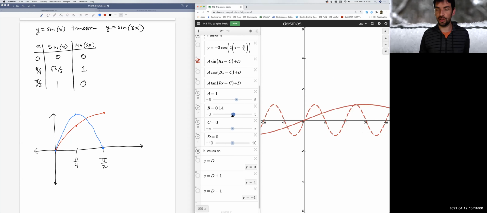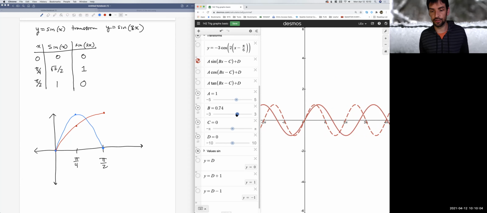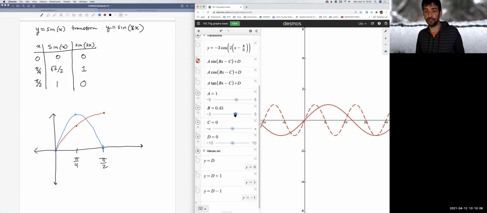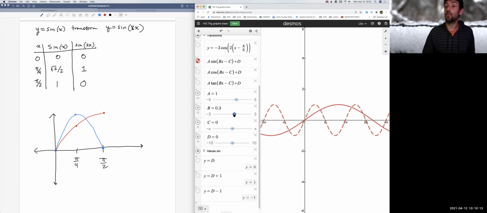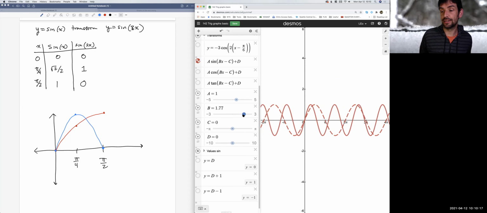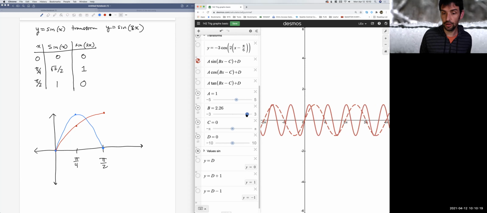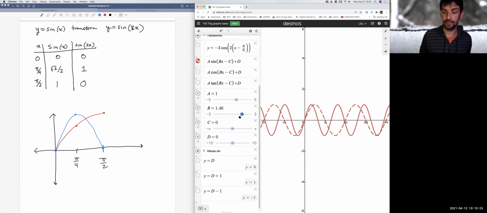We'll focus mostly on positive values of b, but they can be anything, so we won't ignore them. For the positive values between 0 and 1, we get a stretch, right? Points are being pulled away from the y-axis, and for values bigger than 1, it's getting pulled closer to the y-axis, okay?